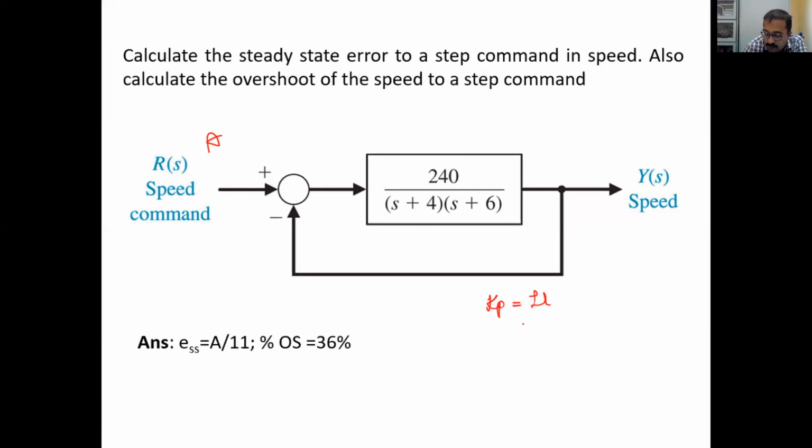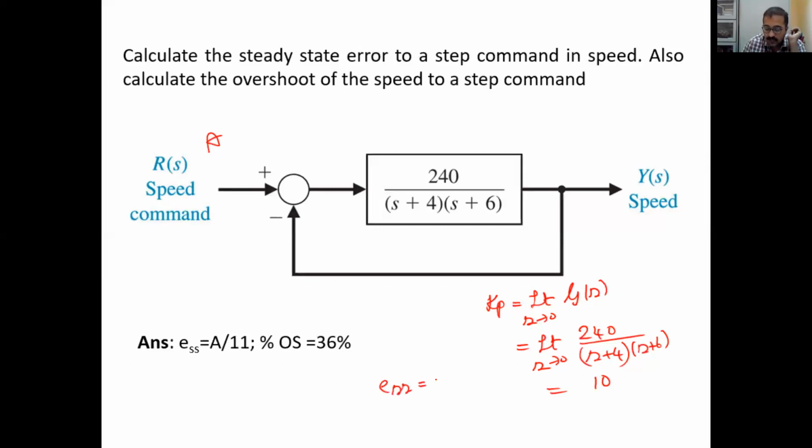Kp will be limit S tends to 0, G of S. So what is that? Limit S tends to 0, 240 divided by S plus 4 into S plus 6. So you will get 10. Right? So what is steady state error? ESS is A divided by 1 plus 10, which is nothing but A by 11. That's how you get steady state error as A divided by 11.